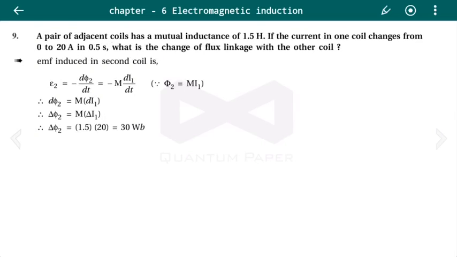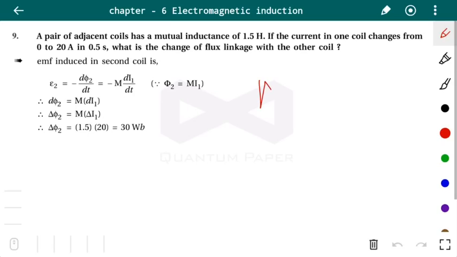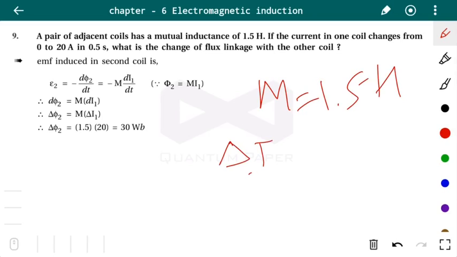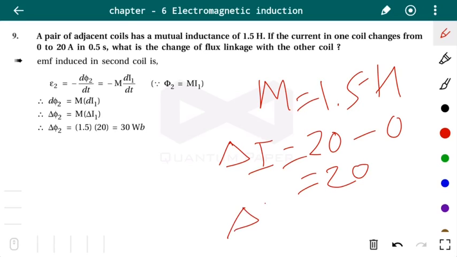Now numerical number 9. A pair of adjacent coils has a mutual inductance of 1.5 Henry. So here M equals 1.5 Henry. If the current in one coil changes from 0 to 20 ampere, that is the change in the current is 20 minus 0, that is equals 20 ampere in 0.5 second, that is in the time interval 0.5 second.